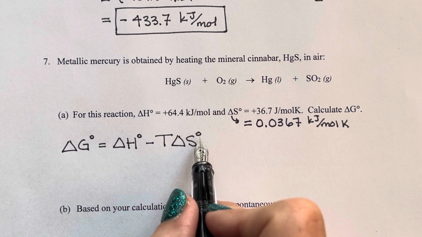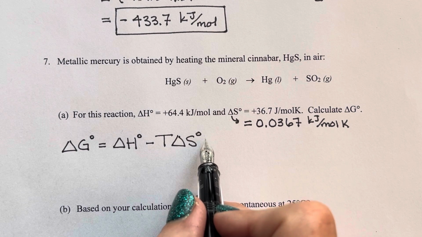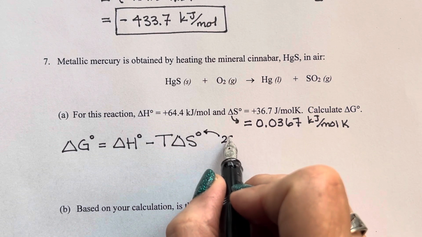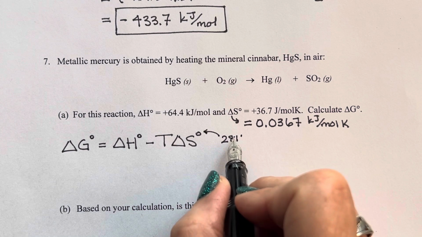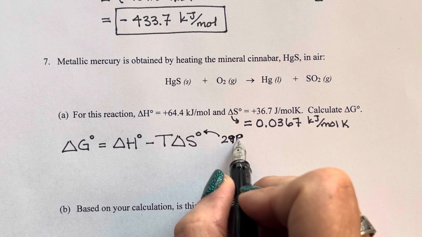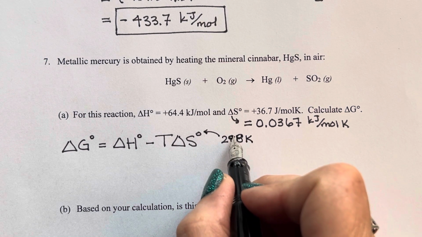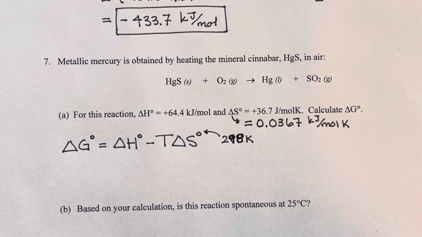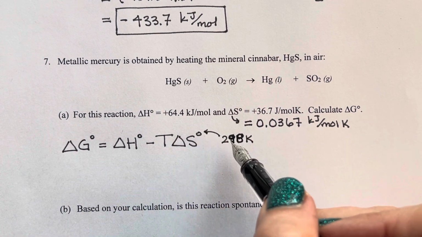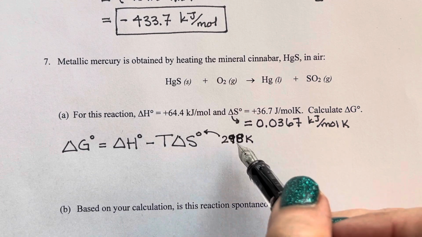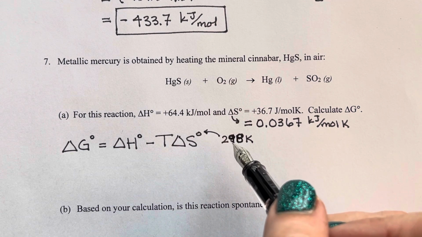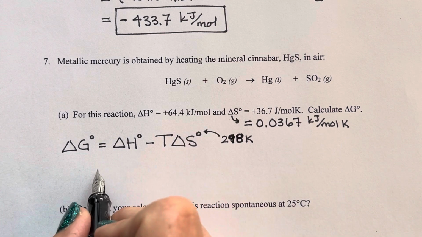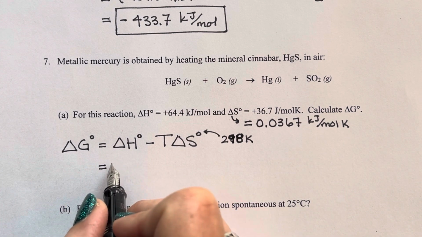Okay, that means standard conditions, which means we're looking at 298 Kelvin. Standard conditions: 298 Kelvin, 1 atmosphere pressure, if it's a solution, 1 molar, etc. Okay, so now we can calculate.